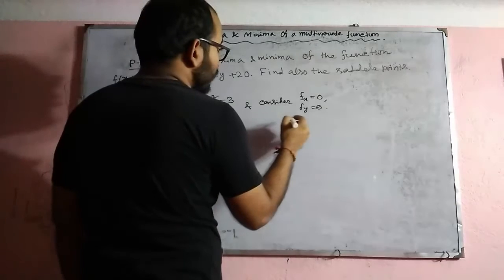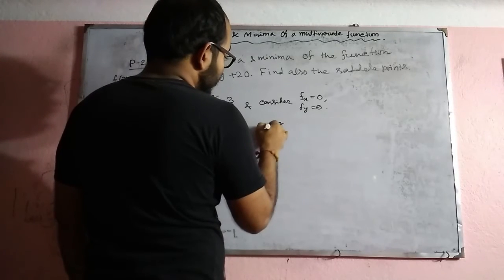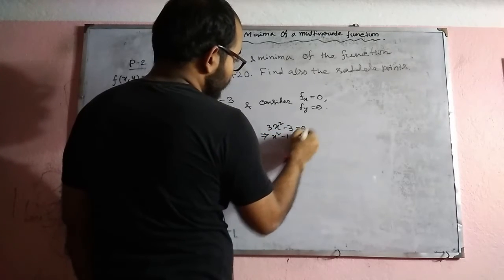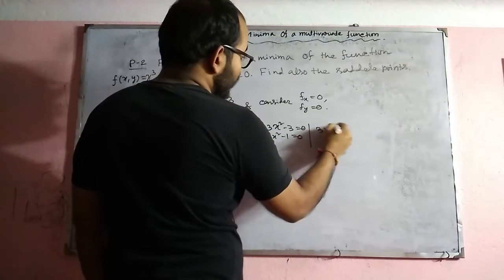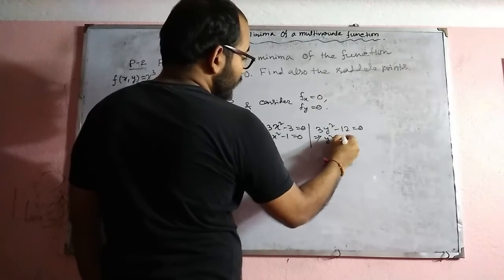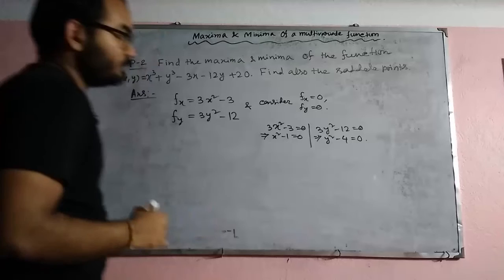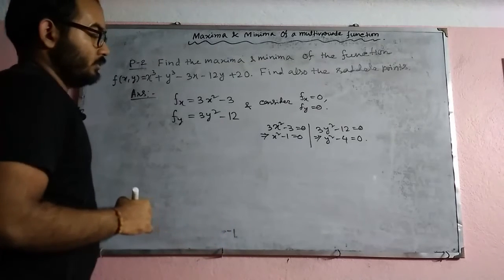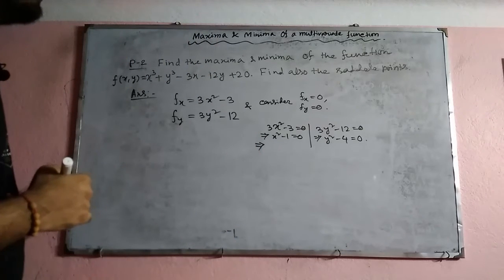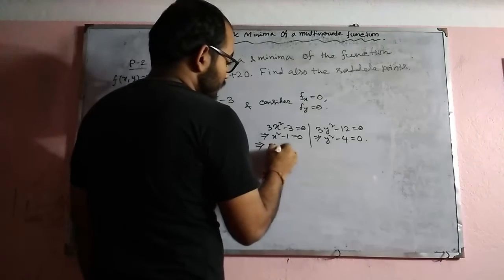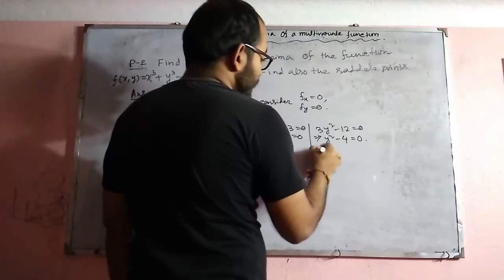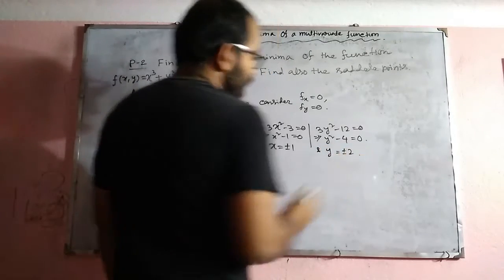See, 3x square minus 3 is equal to 0, so x square minus 1 is equal to 0. And 3y square minus 12 is equal to 0, so y square minus 4 is equal to 0. Then what will be x? x is equal to plus minus 1 and y is equal to plus minus 2.